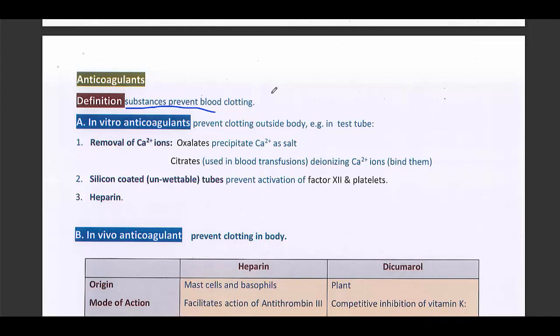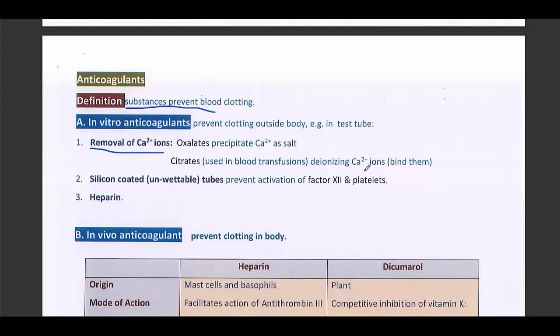The first way is to remove calcium ion, by oxalates, which precipitate calcium as a salt, and citrate, which is used in blood transfusion.